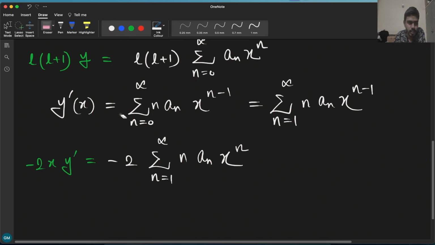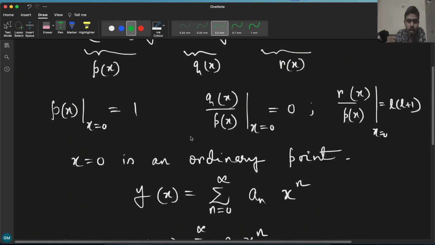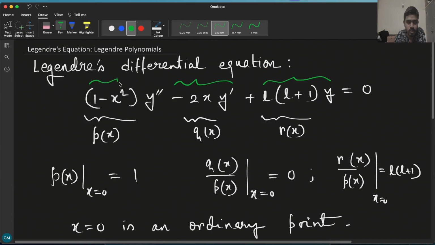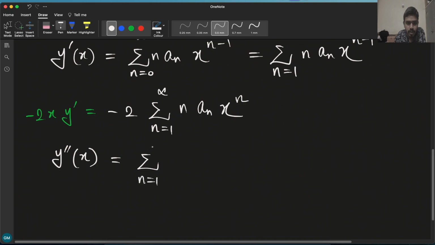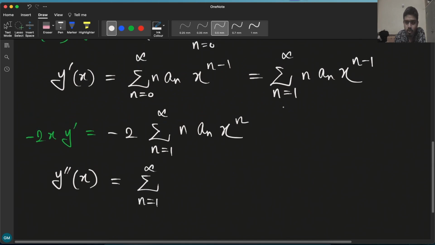So this is the second term, and now let's look at the first term. For that we need to calculate y double dash. So y double dash of x equals the sum over n equals 1 to infinity, since we need to take d/dx of this term, of n times (n minus 1) a_n x to the power n minus 2.